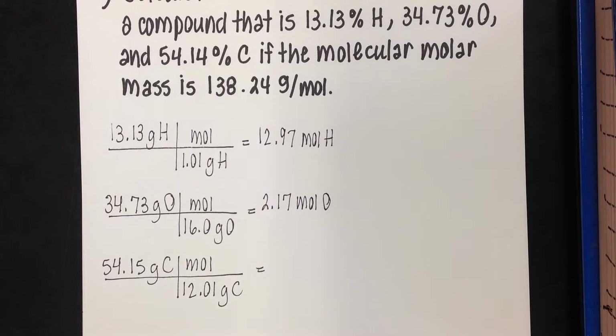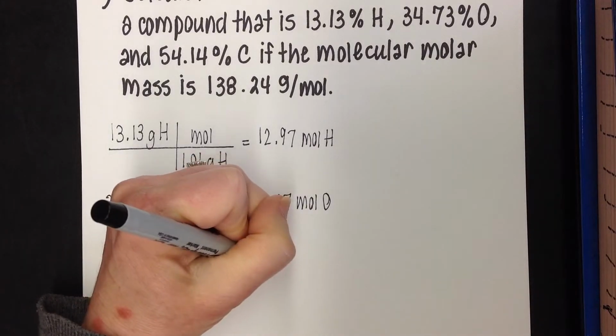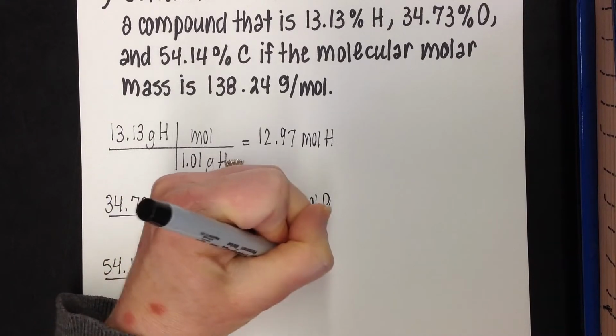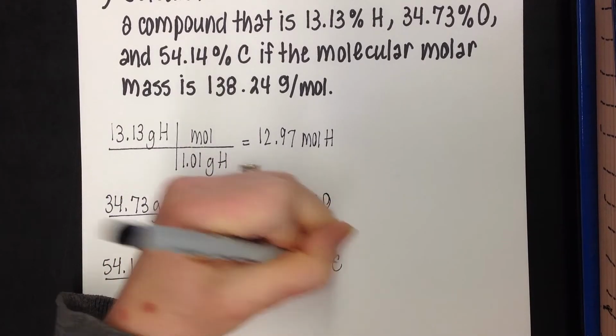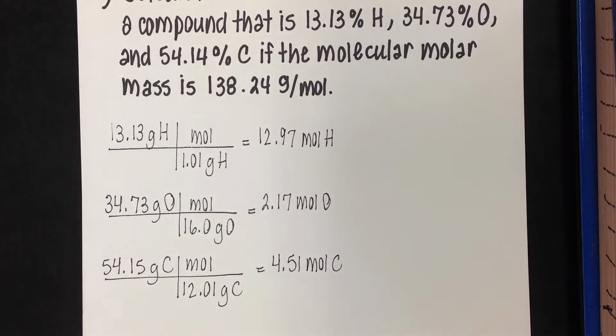And 54.15 divided by 12.01. Okay, we're going to just start that over. Having a little calculator problem here. Clear it all out. 54.15 divided by 12.01 is 4.51 moles of carbon. All right, so we've done our first main step, which is converting grams to moles.